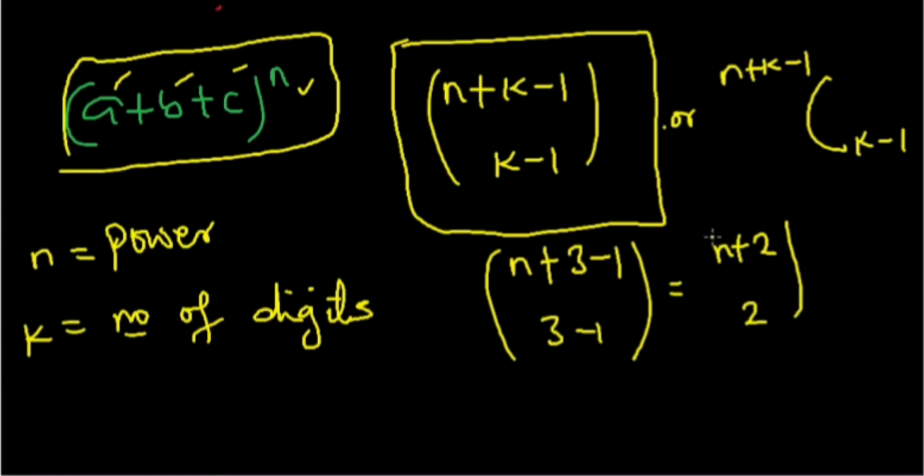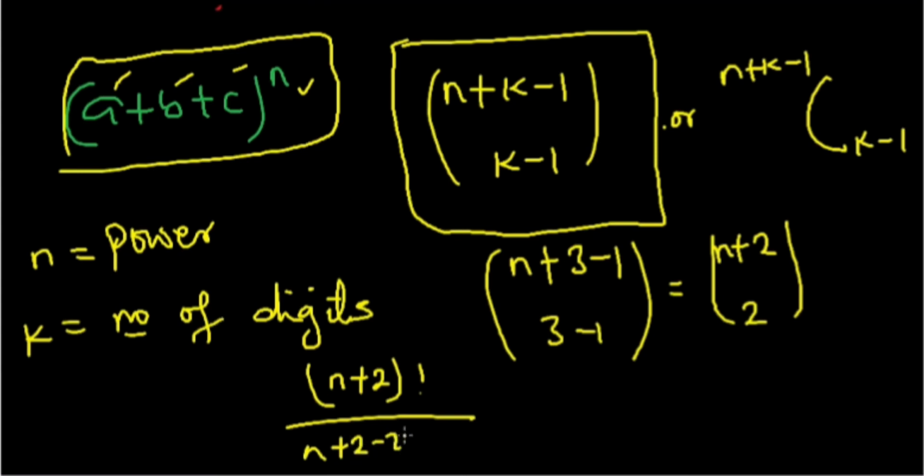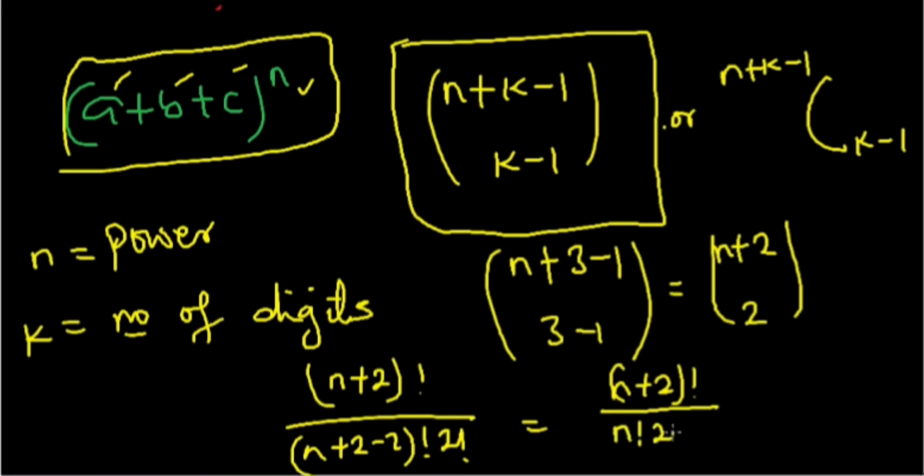I can express this as n plus 2 factorial over n plus 2 minus 2 factorial, 2 factorial, and that will be n plus 2 factorial over n factorial 2 factorial.